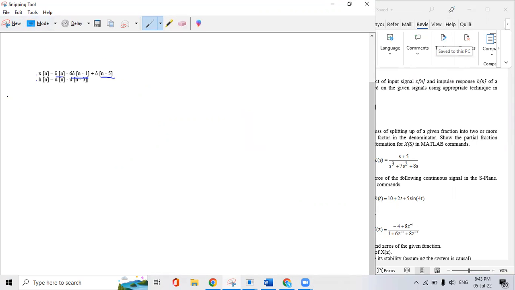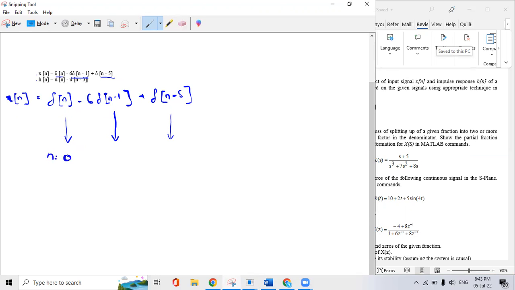So we have Xn equal to delta n minus 6 delta n minus 1 plus delta n minus 5. Actually, we can set each argument equal to 0 from the square bracket right here, and then we can find the locations.